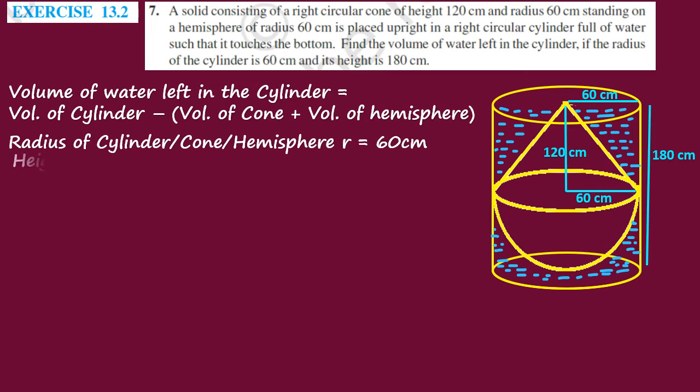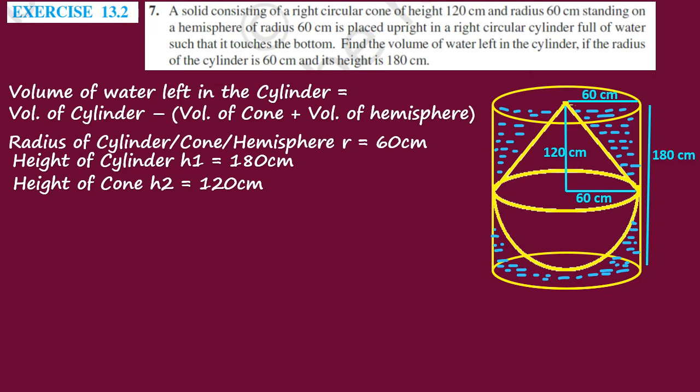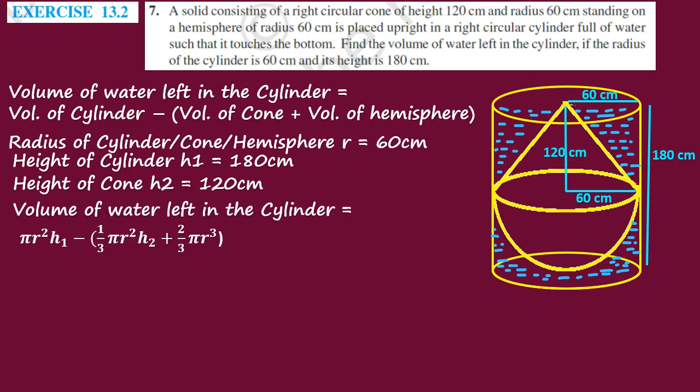That is the same. Height of the cylinder is 180, which is H1, and height of the cone is H2, which is 120 centimeter. So volume of water left in the cylinder equals pi r square H1, the volume of cylinder, minus the volume of cone, 1 by 3 pi r square H2, plus the volume of the hemisphere, 2 by 3 pi r cube.